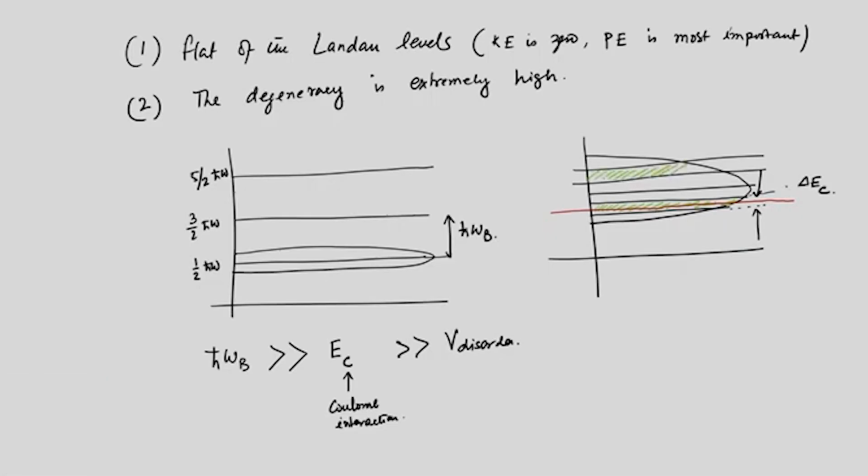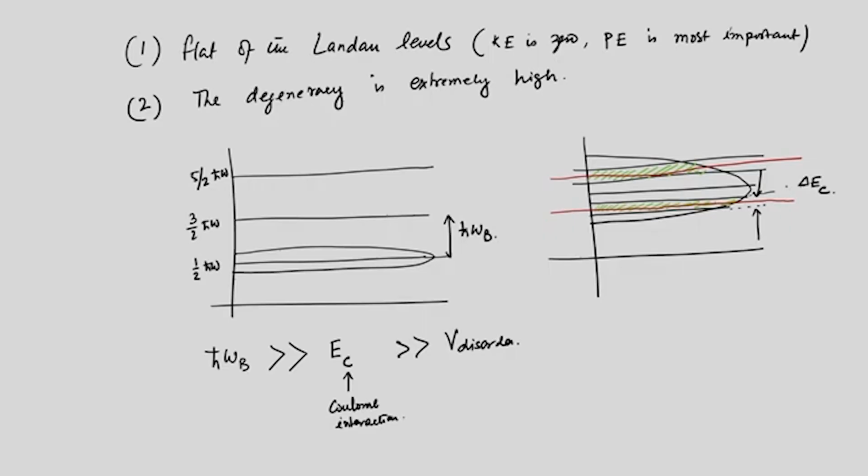So, there is a gap that has been created because of this interaction term lifting the degeneracy, and then when the magnetic field is tuned, it reaches this gap, and when it reaches this gap again you will see a plateau in the conductivity and so on.